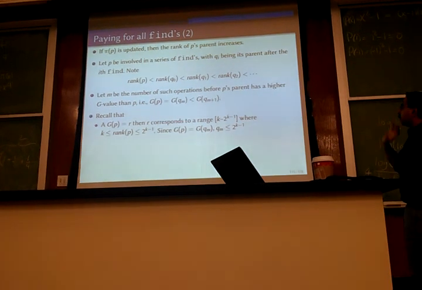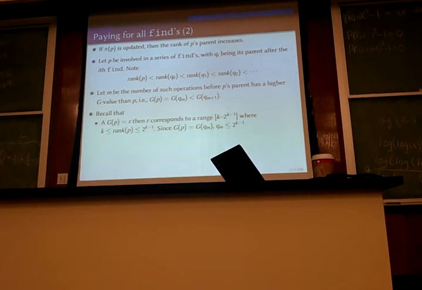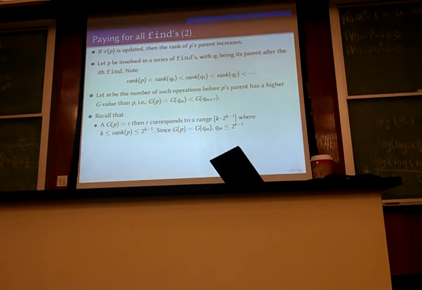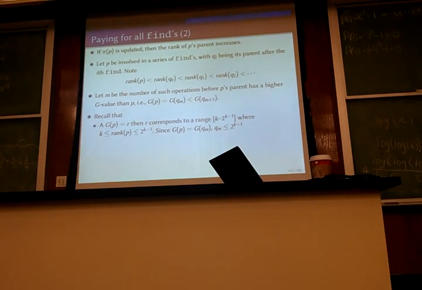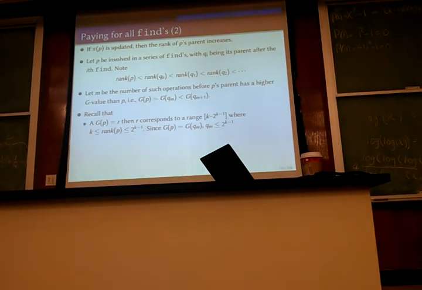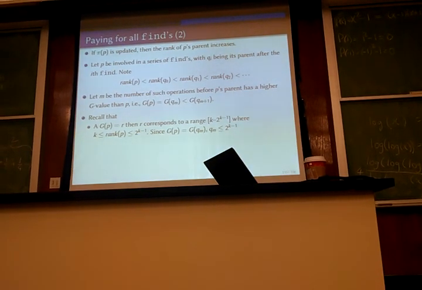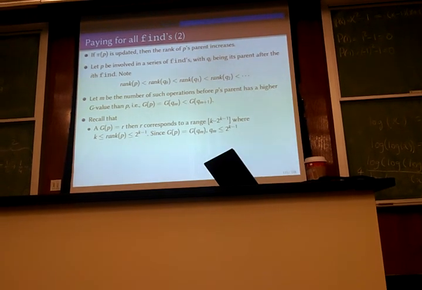Okay? And once it gets promoted once more, now Qm plus 1 becomes the parent, but Qm plus 1 has a higher G. So from here on, P's parent is always going to be in a different G class, right? So from now on, the cost of that can be charged to find itself.